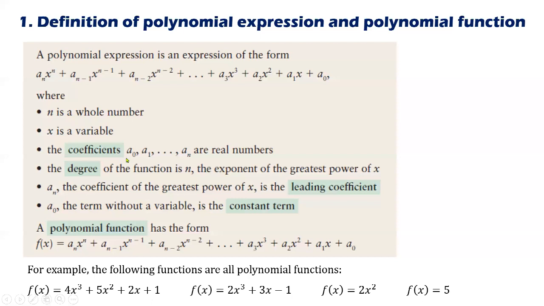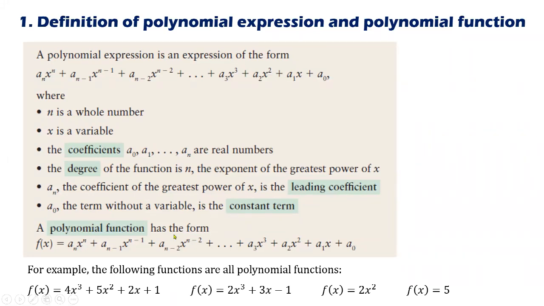The coefficients a_0, a_1 to a_n are real numbers. The degree is defined as the exponent of the greatest power of x. And a_n, the coefficient of the greatest power of x, is the leading coefficient. And a_0, the term without a variable, is called the constant term.